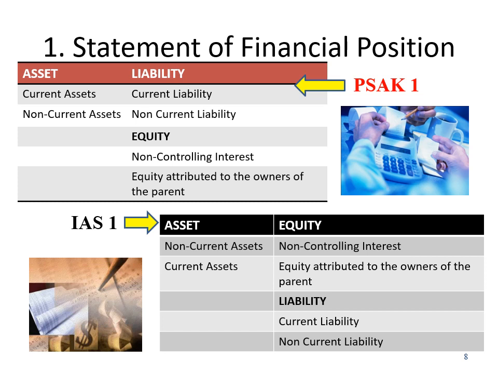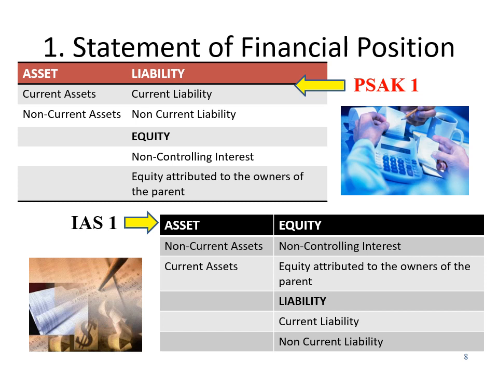And then on the side of liabilities and equity, we start presenting current liabilities, then followed by non-current liabilities, and then followed by equity. In this equity, we also divide the equity into two groups. The first one is non-controlling interest, and the second one is equity attributed to the owners of the parent.